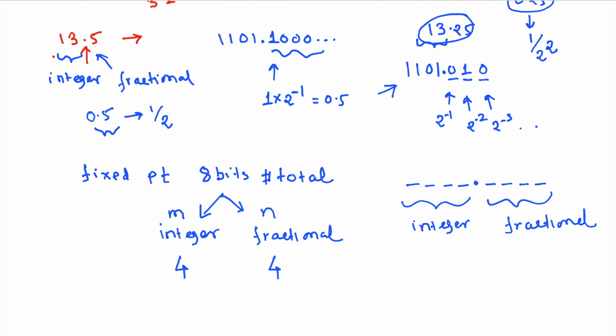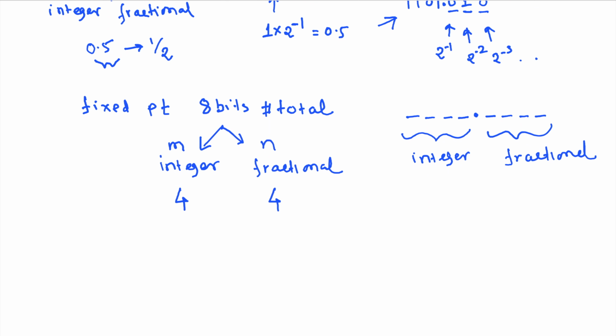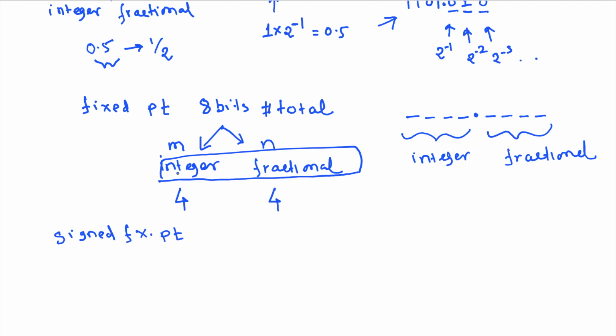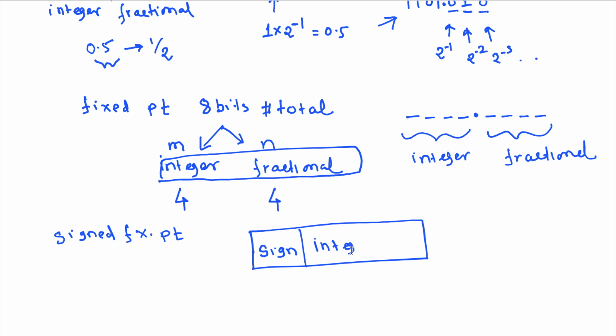One more thing we have to be careful about is whether the numbers are signed or unsigned. Let's say we have a signed fixed point format. Instead of just two parts, we have three parts. Usually one bit is used for the sign, then we have the integer, and the remaining is fractional.